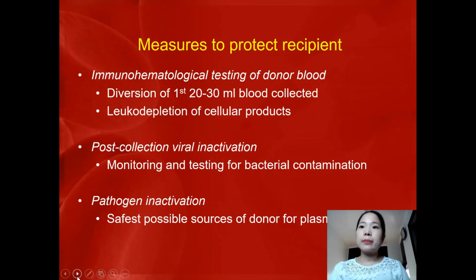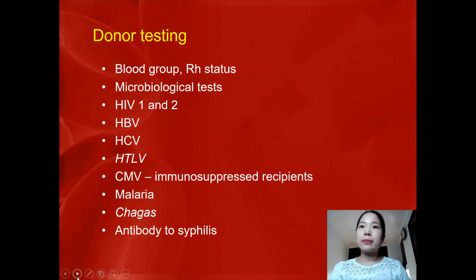So these are actually what we do for a blood that is donated. You get the blood group and the RH status of the blood. You check for microbiological testing. You check for the different viruses, HIV 1 and 2, hepatitis B, hepatitis C, human T lymphocyte virus, CMV, malaria, Chagas, and antibody to syphilis.